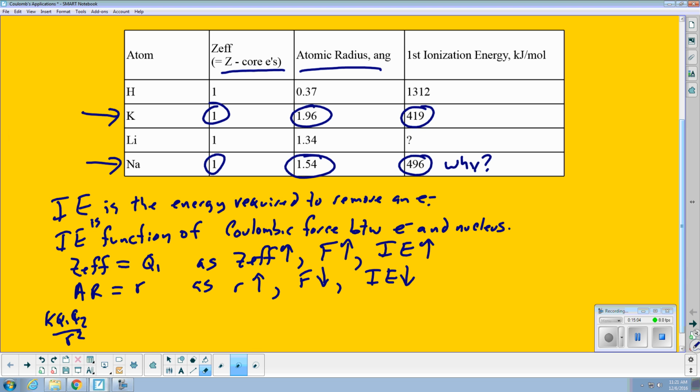So my ionization is a function of Coulombic attractions. The atomic radius in sodium is smaller than that in potassium.